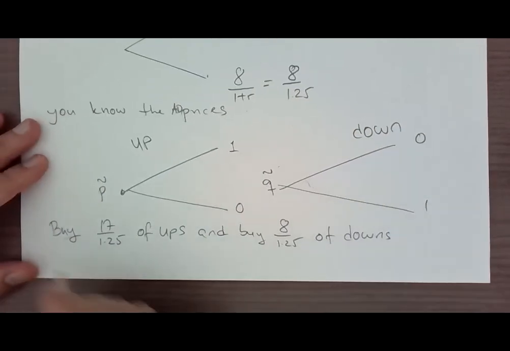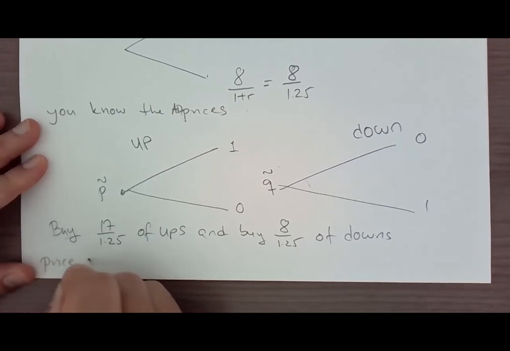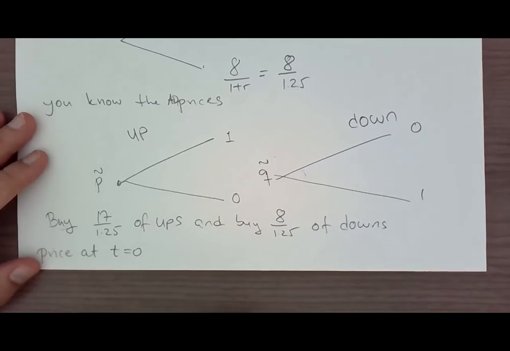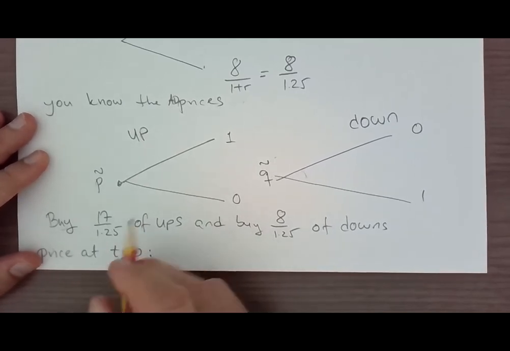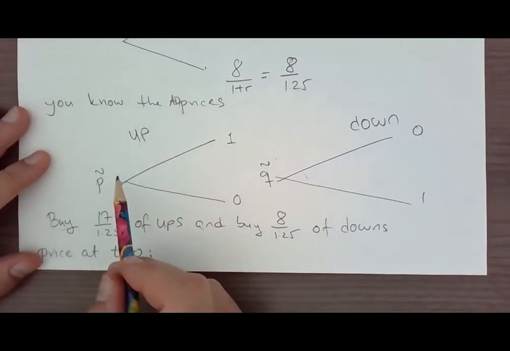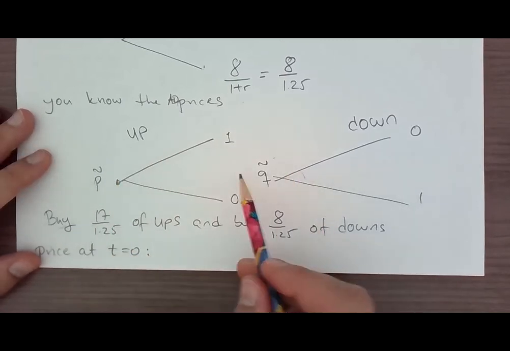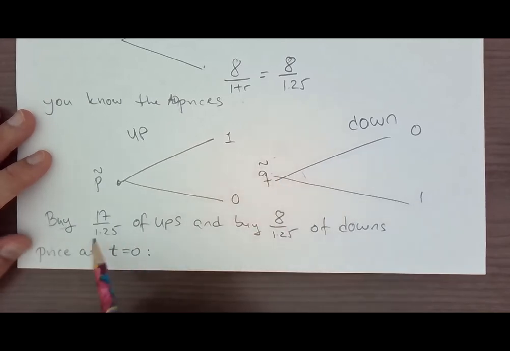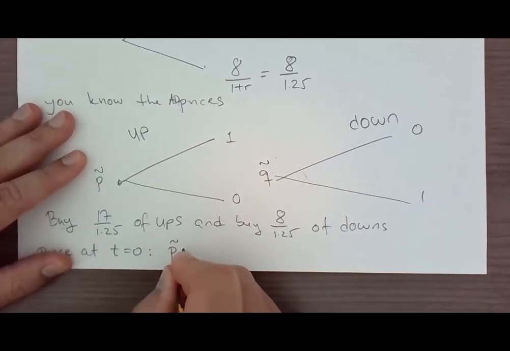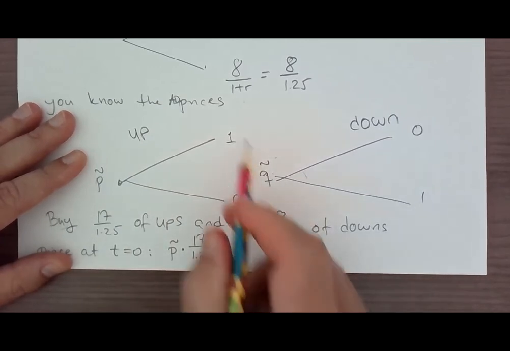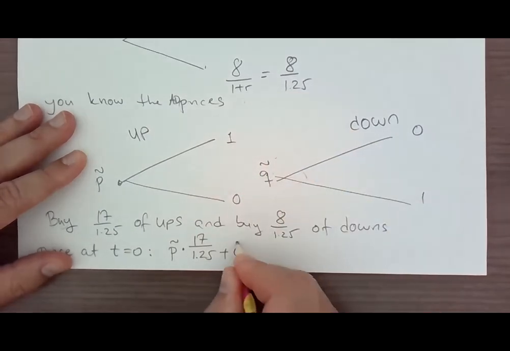And what's the price? Well, what does it cost to buy 1 up? It costs P tilde. And what does it cost to buy 1 down? It costs Q tilde. So the price at time 0 will be P tilde times 17 divided by 1.25, plus you're going to be paying Q tilde times 8 divided by 1.25.